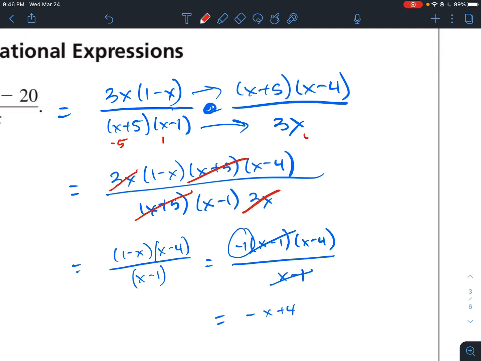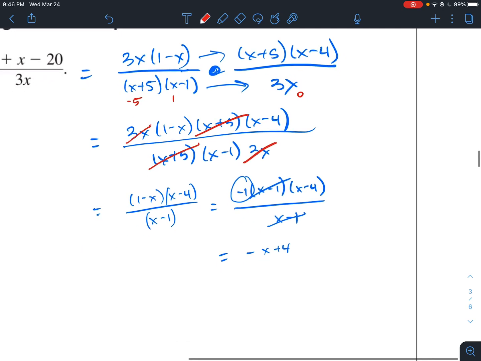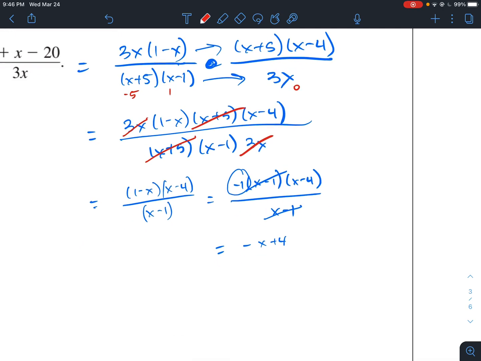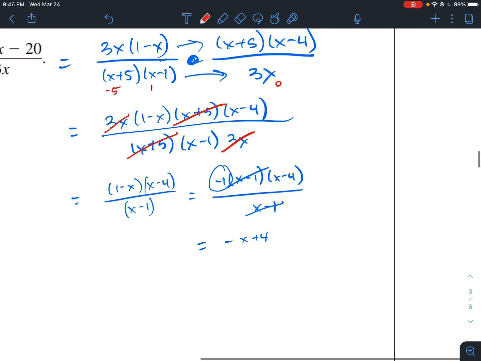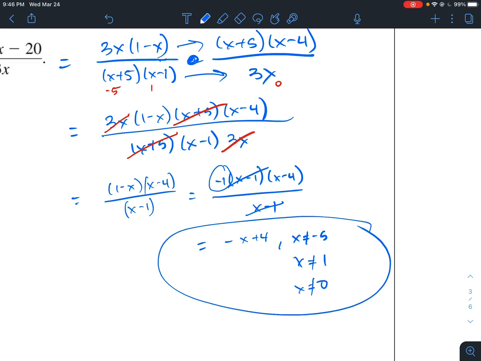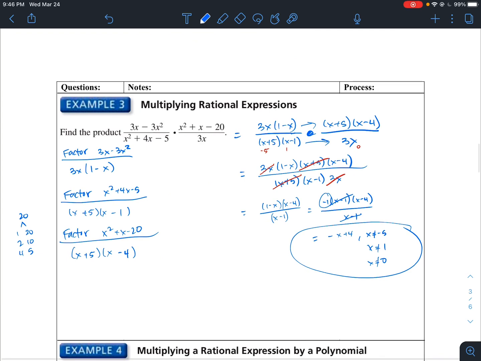And if this is 0, the denominator is also 0. So those are our domain restrictions. Our domain restrictions would be that x cannot equal negative 5, cannot equal 1, and cannot equal 0. So that would be the simplest form.